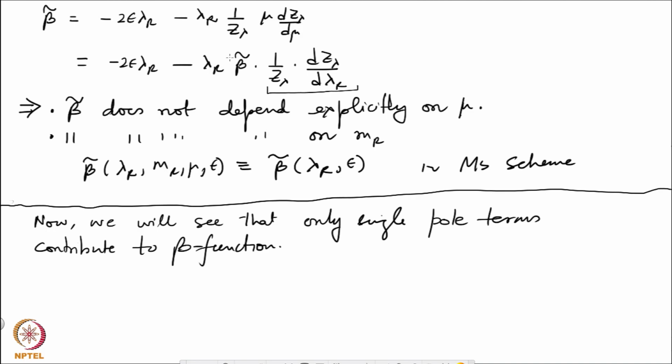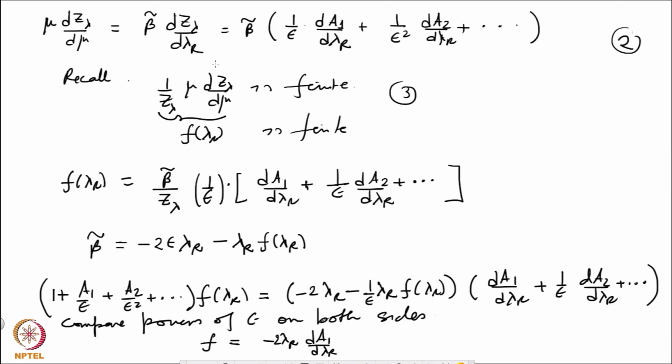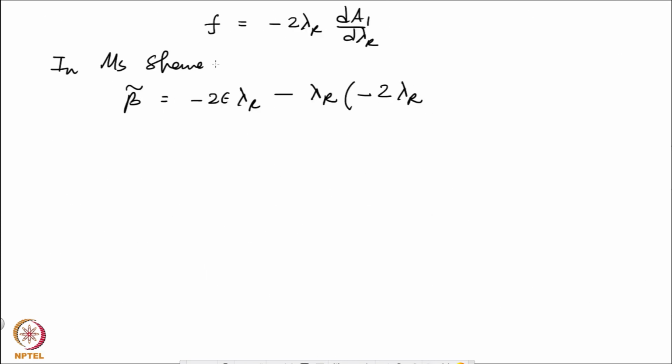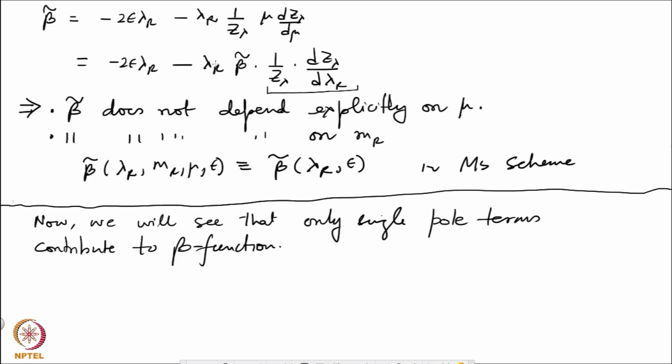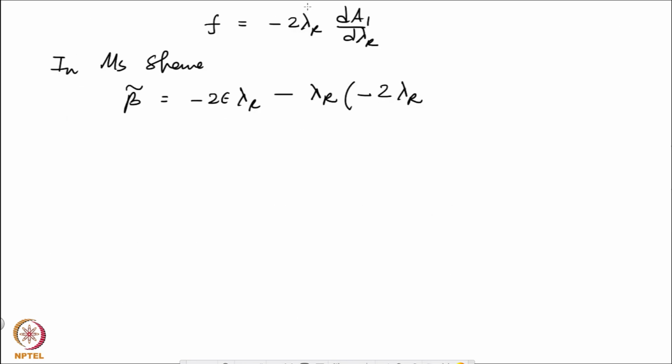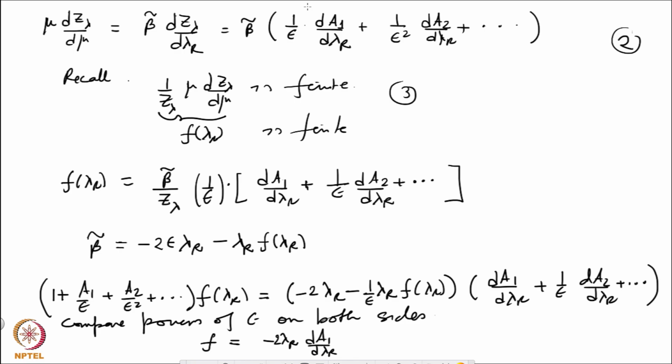Yes, there is an explicit factor of lambda r here, lambda r times 1 over z lambda mu dz lambda over d mu, that is what we have calculated.